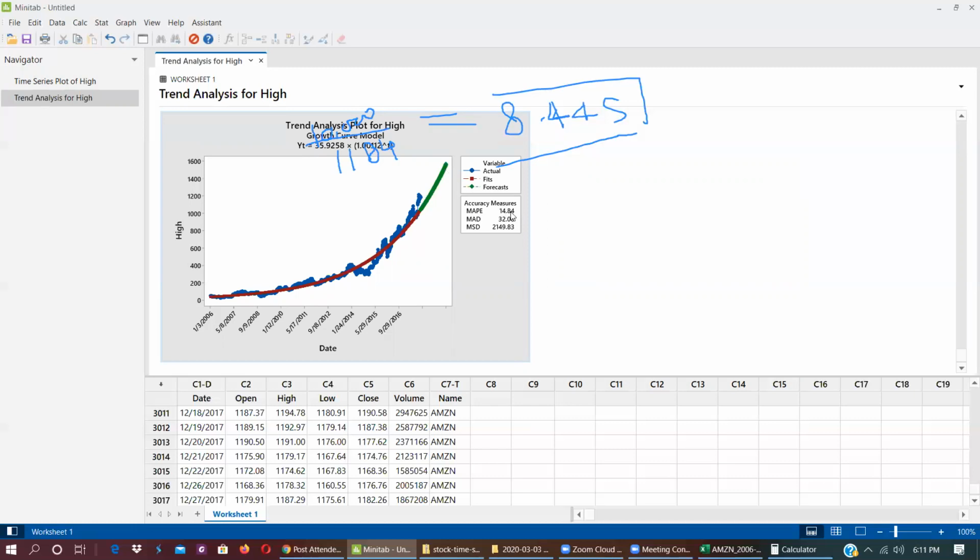MAPE is 14.84, MAD is 1332, MSD is as shown. These numbers should be minimum. So you can try all four options and see in which they are coming minimum. These parameters explain the difference between the forecasted and the original, meaning how close they are.